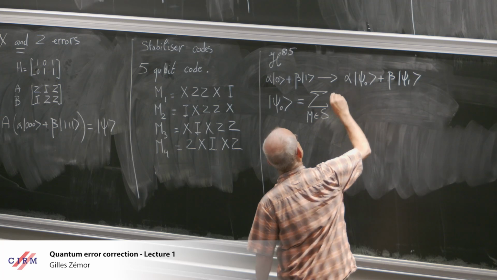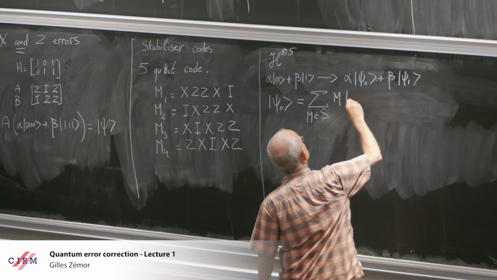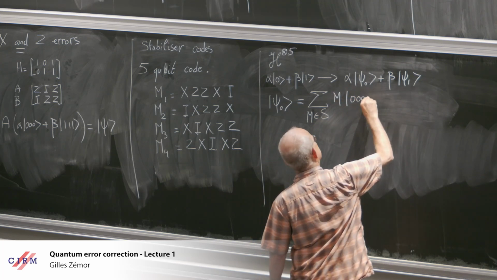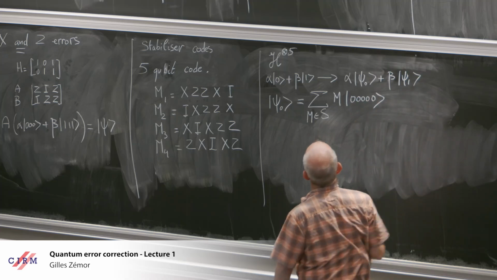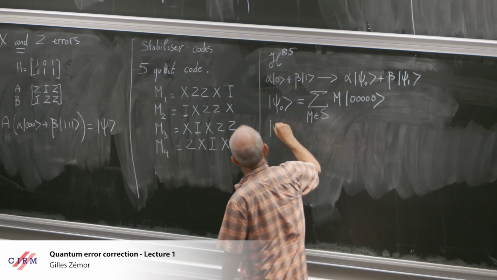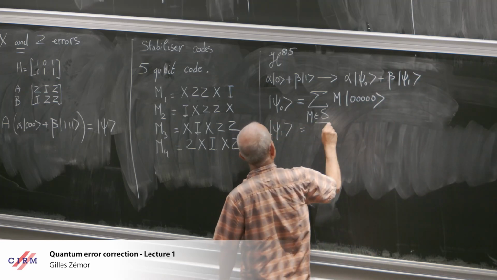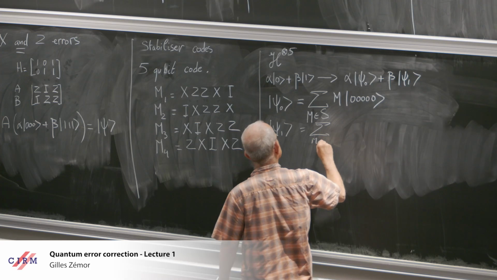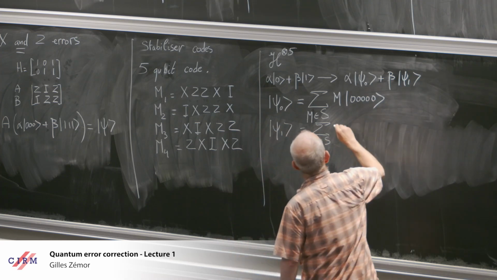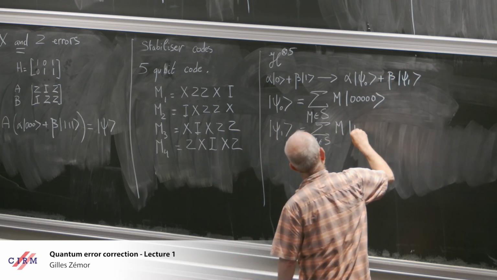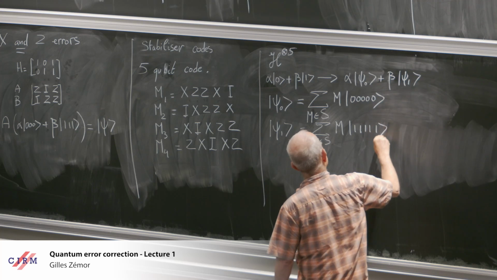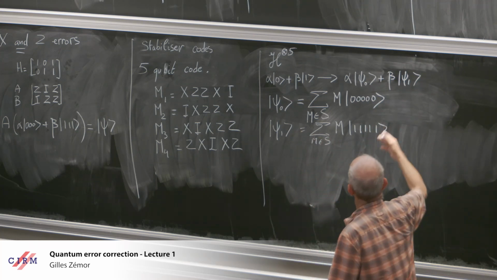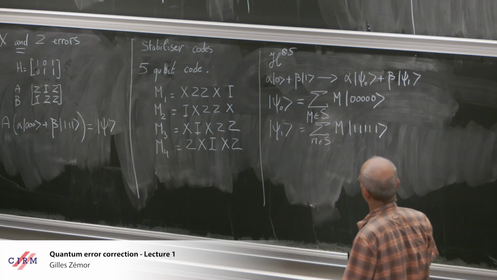We write M applied to the 0 state. So now 5 qubits. And psi 1 is the same thing applied to the all one computational basis state.